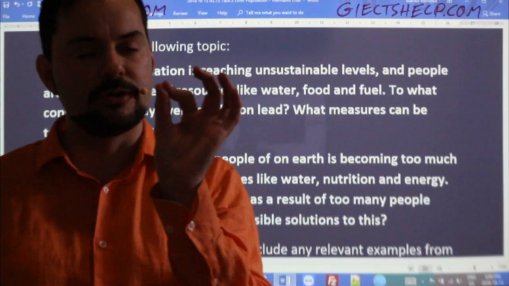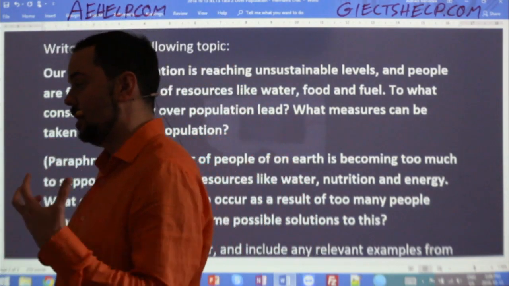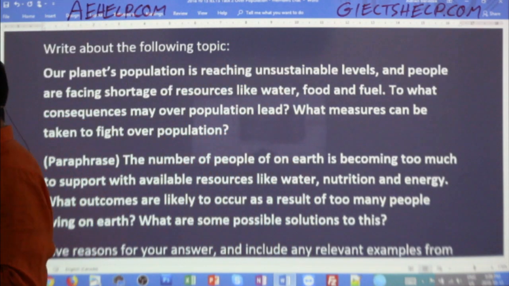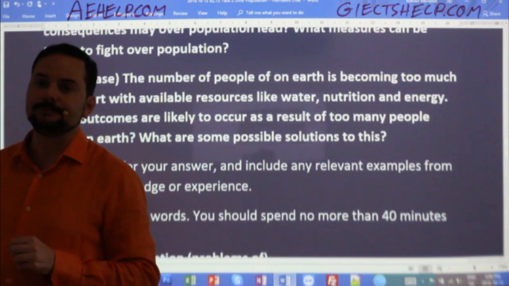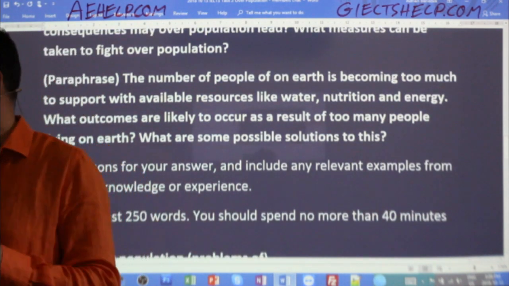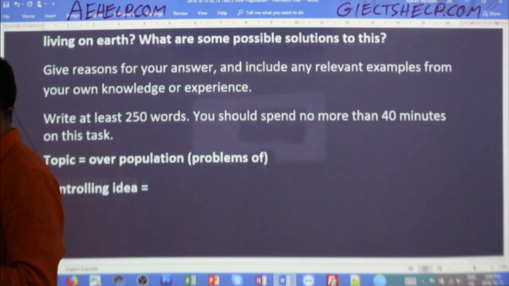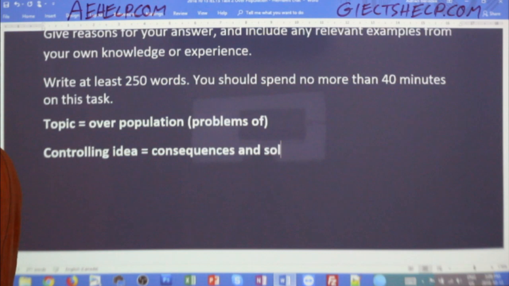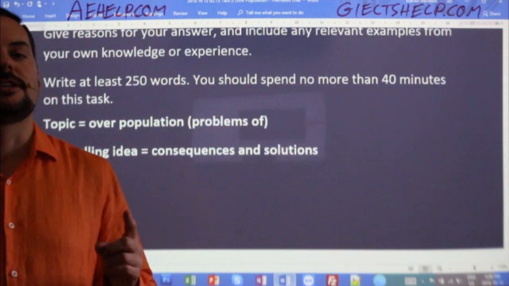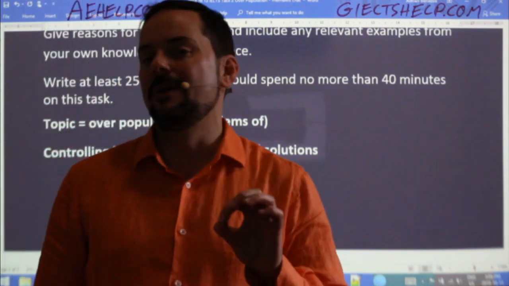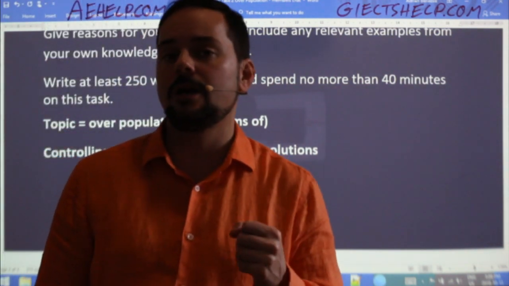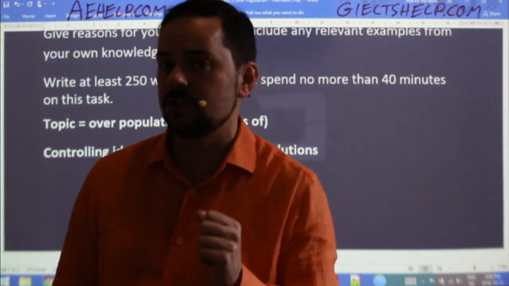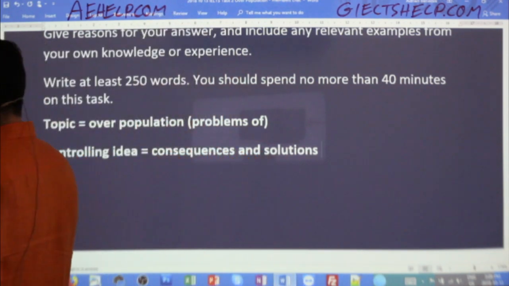It means to be precise because there's a lot of different information you could write about it, but you want to make sure that you're focusing on the right controlling ideas. The controlling ideas here is the consequences and solutions, okay? It's not asking us about the causes. Be careful here, okay? You might briefly mention the causes, but don't focus your essay on the causes, okay? So careful about that.